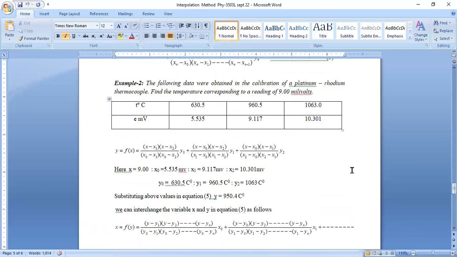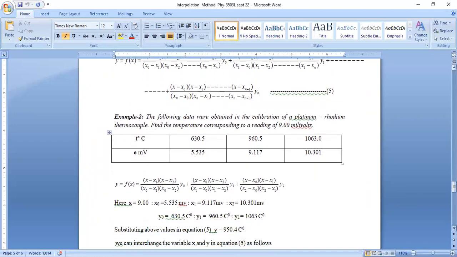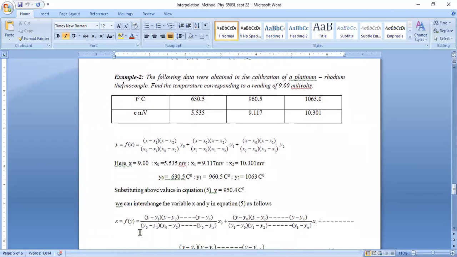When you have a function x equal to f of y, I write the formula for y as a function of x, and here I write a formula where x is a function of y. So wherever x appears, I change x to y, and you see x minus x1 becomes y minus y1.